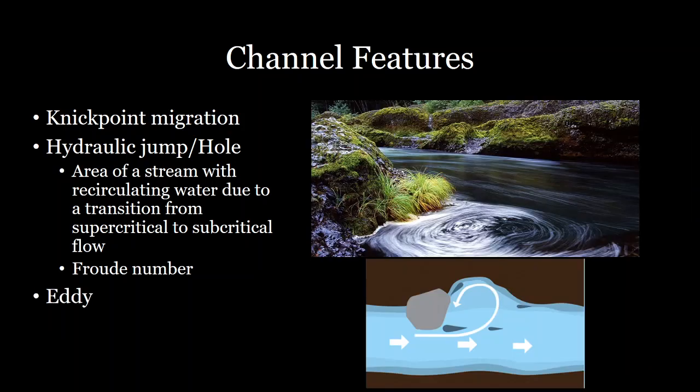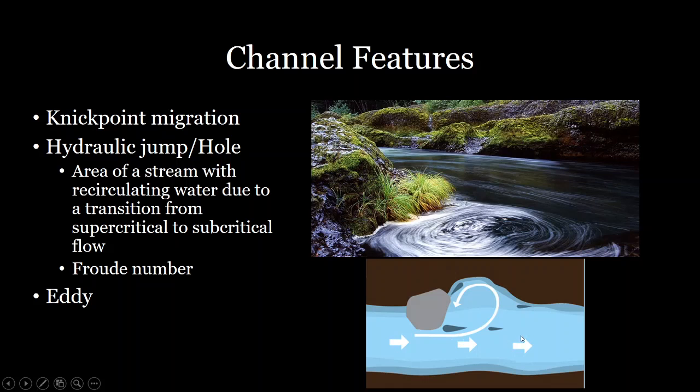And then next, the channel feature that we have is eddies. Eddies are kind of like hydraulic jumps turned on their side. Whenever you have a stream that's widening, then you have flow that's coming in, and then you have this area that needs to be filled with water as well.